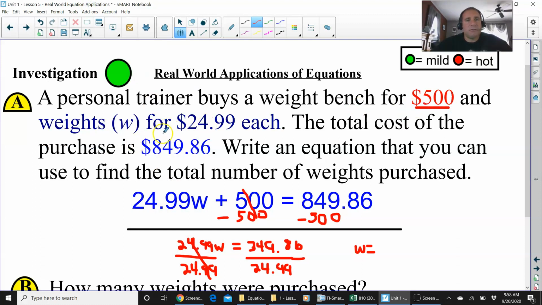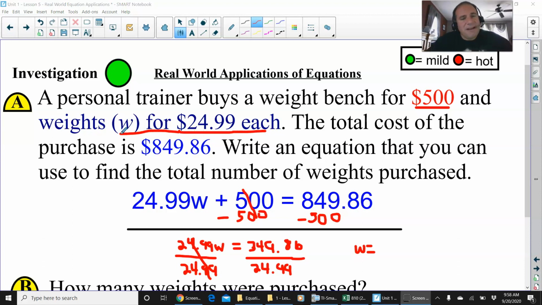That's the initial amount that he has to spend, and it doesn't tell you how many weights this person buys. So the total cost though is $849.86. Remember we told you the total cost goes after the equal sign? Well, yes, it does. And then the $500 is the initial value that they spent. They're only going to buy one weight bench here, but they're going to buy a lot of weights.